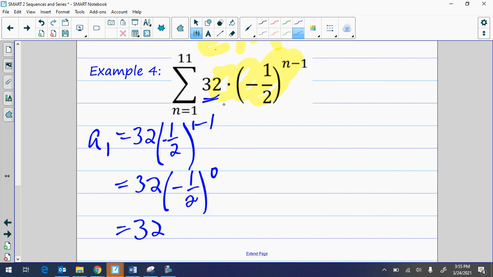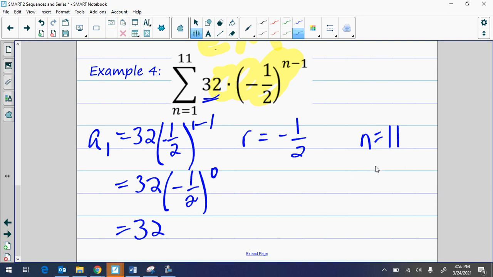I knew that from looking at it because of right there. My r is negative 1/2, because that's what my equation is coming from, and my n is 11. 1, 2, 3, 4, 5, 6, 7, 8, 9, 10, 11. And I'm getting that number from right here.